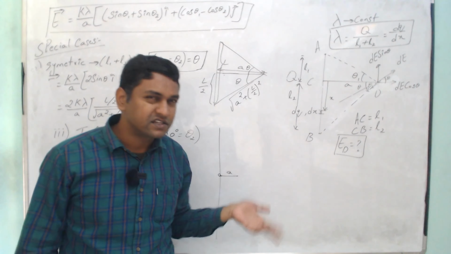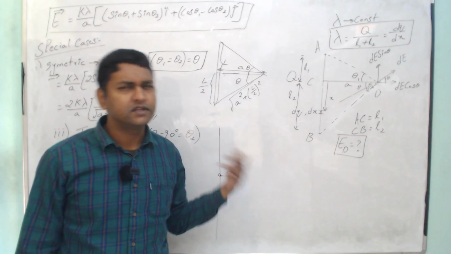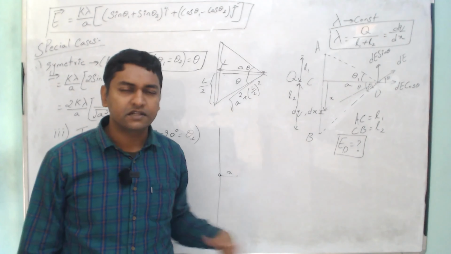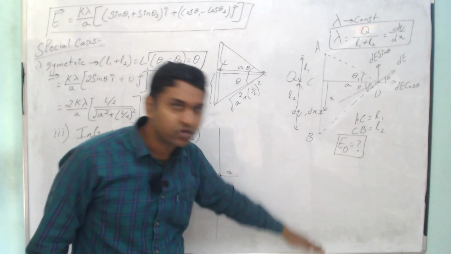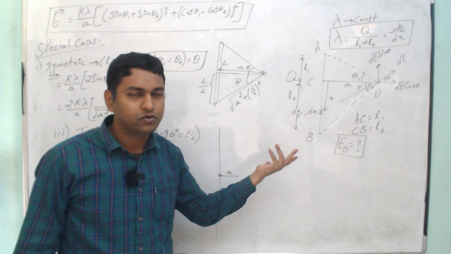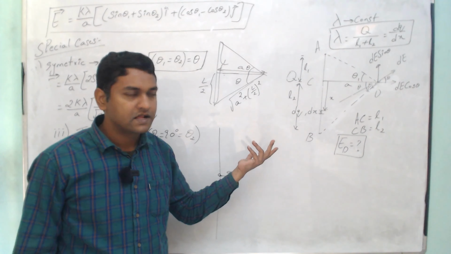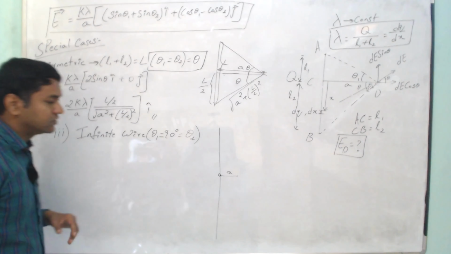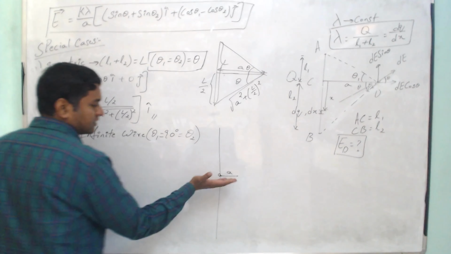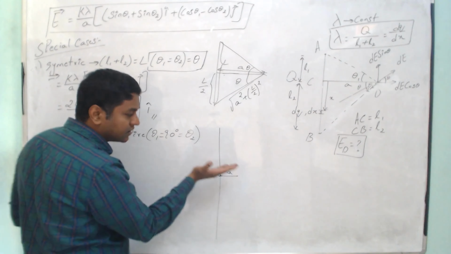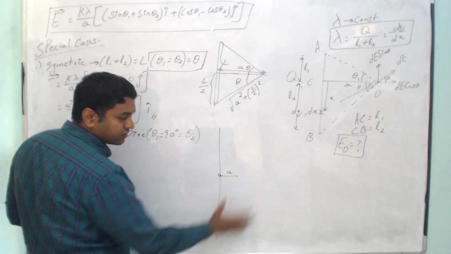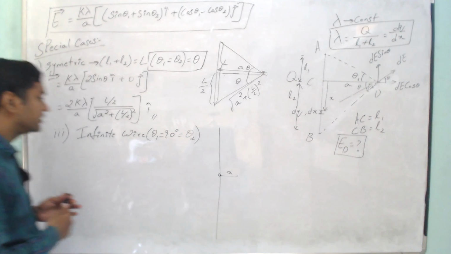So 37, 45, 53, 60, 30 degrees, all these possibilities are there. Anywhere between 0 to 90 is possible. Okay, so in the infinite wire case, upper side we are going till infinity, so theta 1 is 90 degrees. Lower side we are going till infinity, so theta 2 is also 90 degrees.